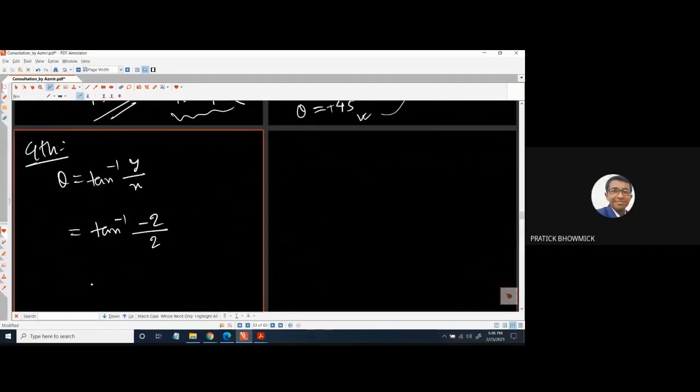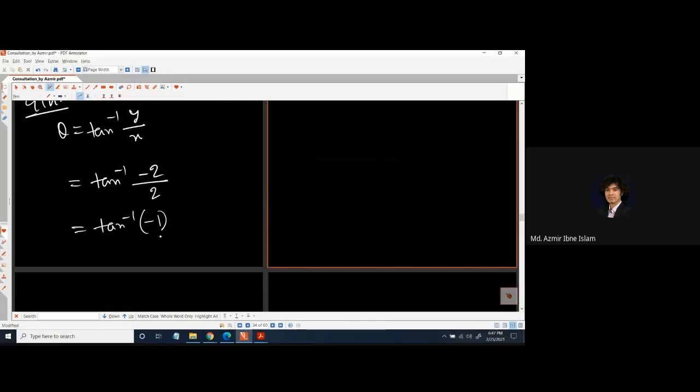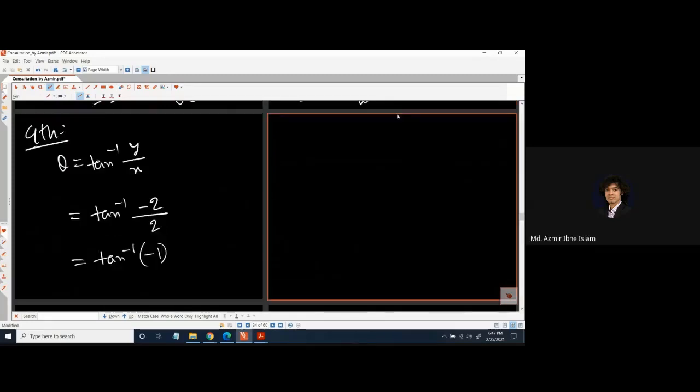Okay. So we have negative 1. That means what we can do, it will be negative tan inverse 1.